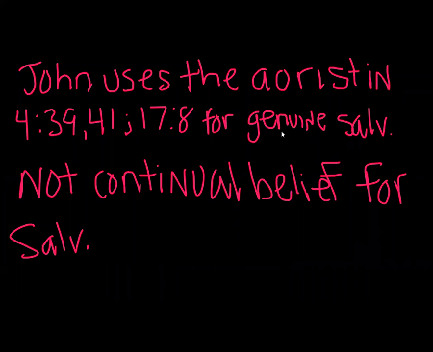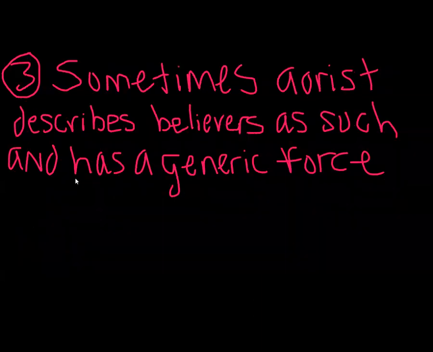Hate that word, genuine salvation, but that's what we're using. At least Chay's using it, so we'll go with it. Not continual belief for salvation. So, in other words, the fact that John is using the aorist tense in these passages shows that it's for genuine salvation and that you don't have to have continual belief to be saved.